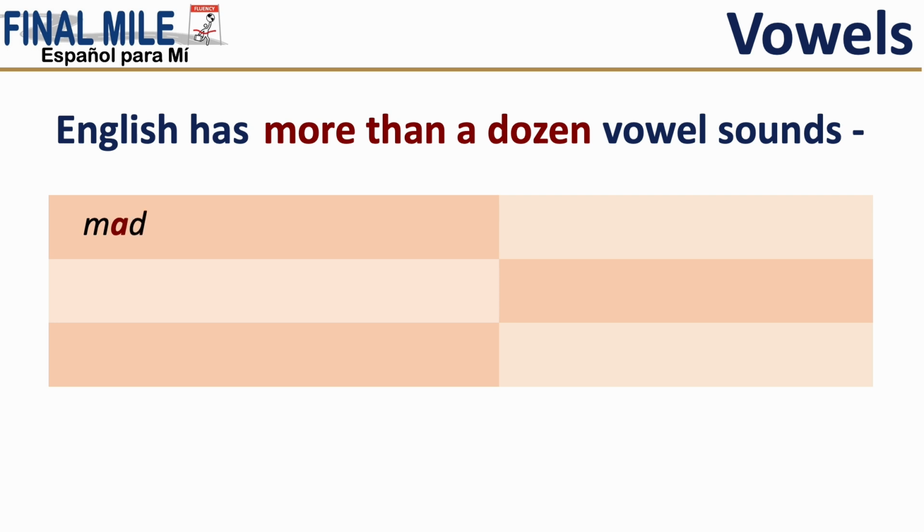Okay, look at how the same letter here, the letter A, sounds different in these three words. A, mad, made, melatonin. Okay, look at the I here. This is what I mean when I say do not shorten your vowel. Fin, but this is fine.